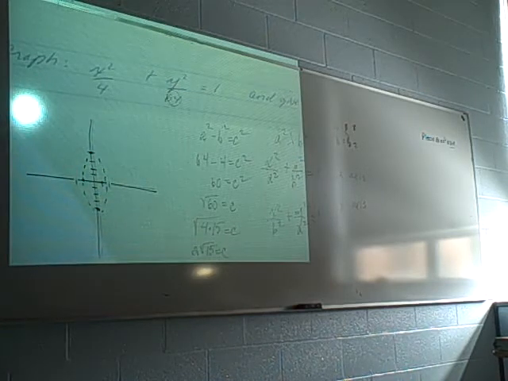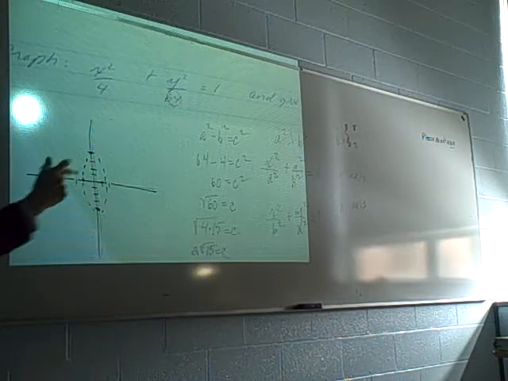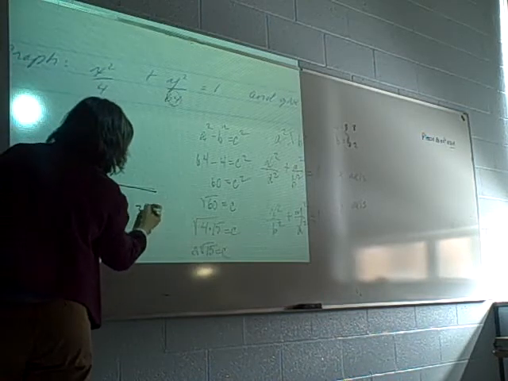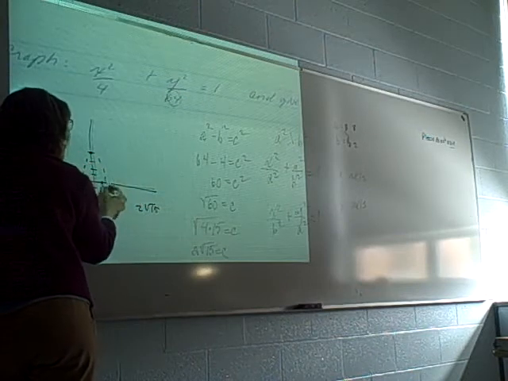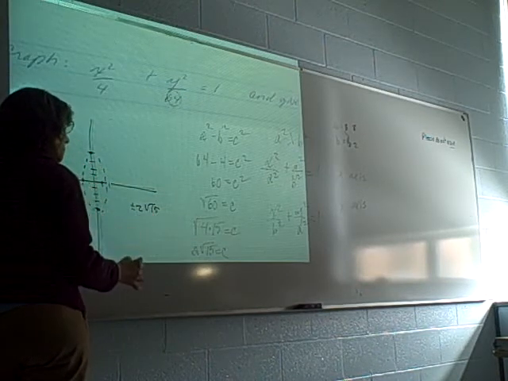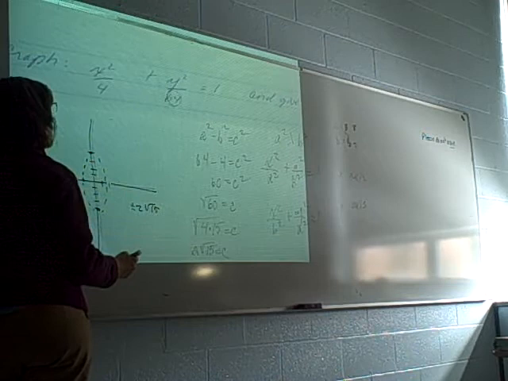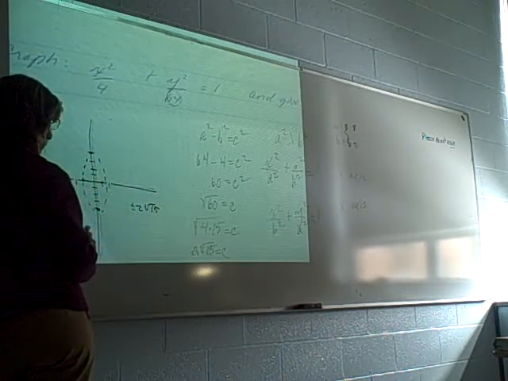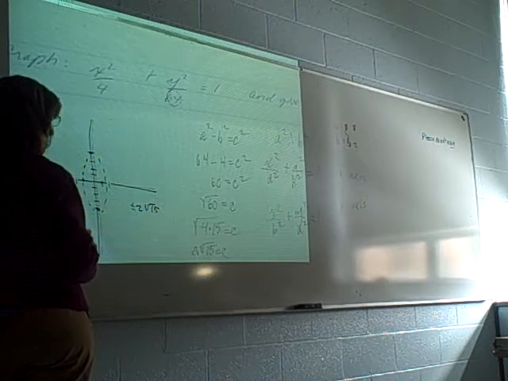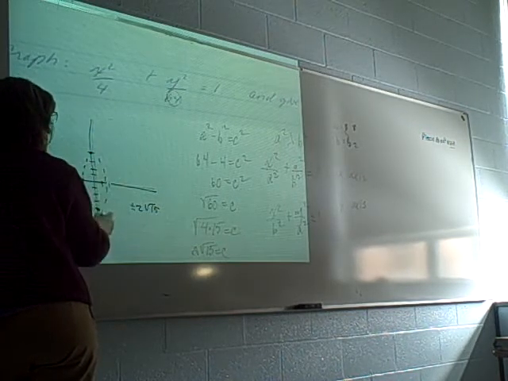I know that the foci is located at 2 rad 15, but on the axis, isn't there a plus or a minus? So I am going to have plus or minus 2 rad 15. It's on the y-axis, isn't it?